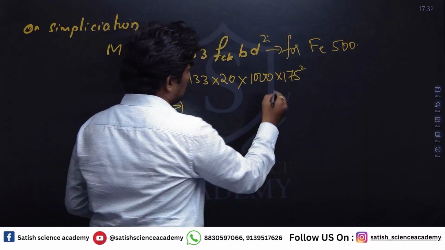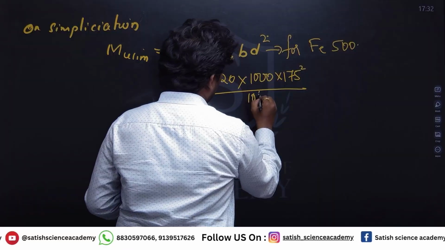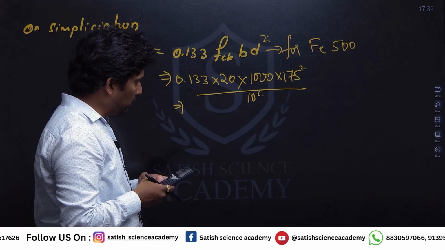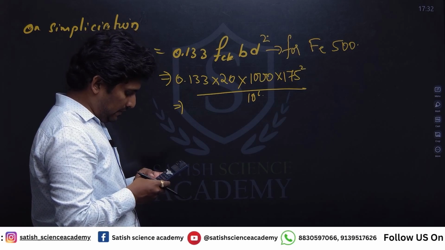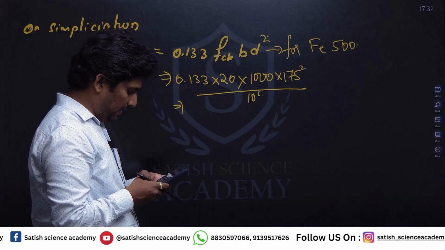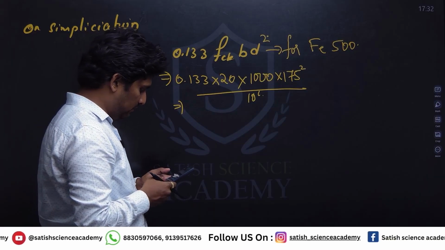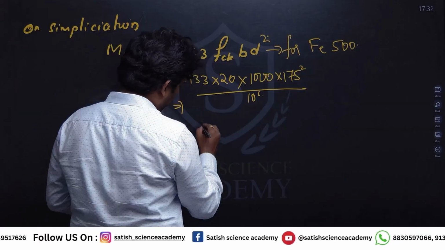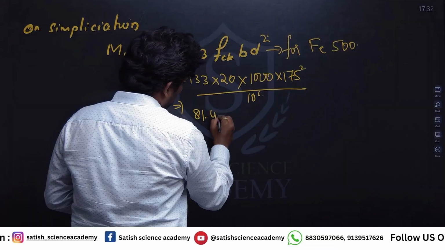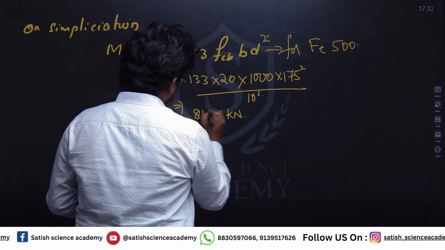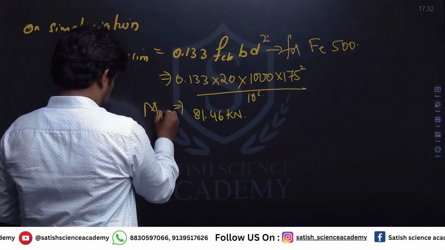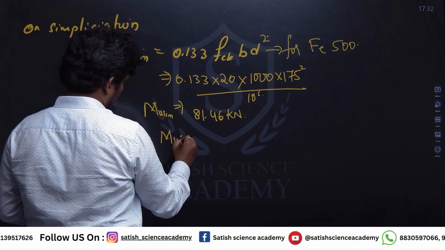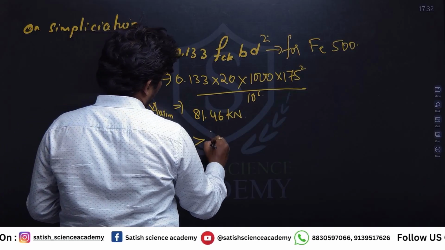This is divided by 10⁶ to make it into kilonewton meter. 0.133 into 20 into 1000 into 175 square divided by 10⁶. You get this value as 81.46 kilonewton meter. So Mu limit is greater than Mu.